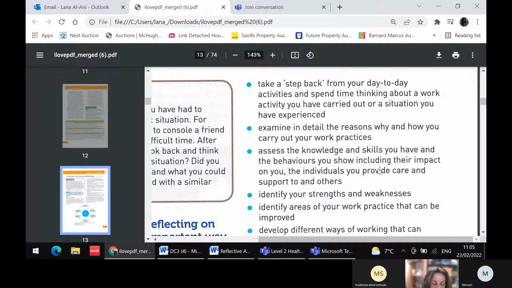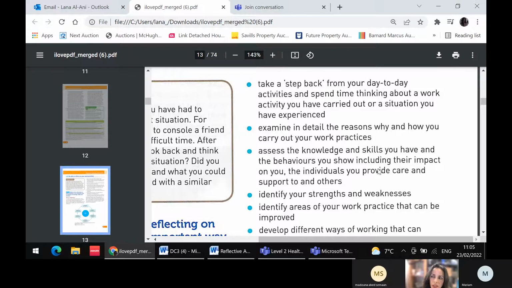And then you can identify your own strengths and your weaknesses. Whatever your weaknesses and strengths are, you will highlight them by yourself. And also you will identify areas in your work and practice that can be improved.